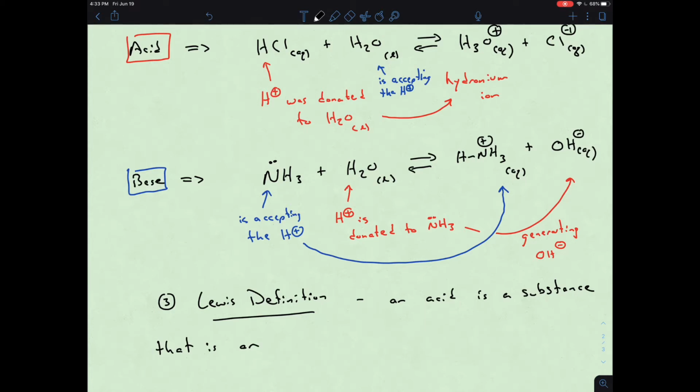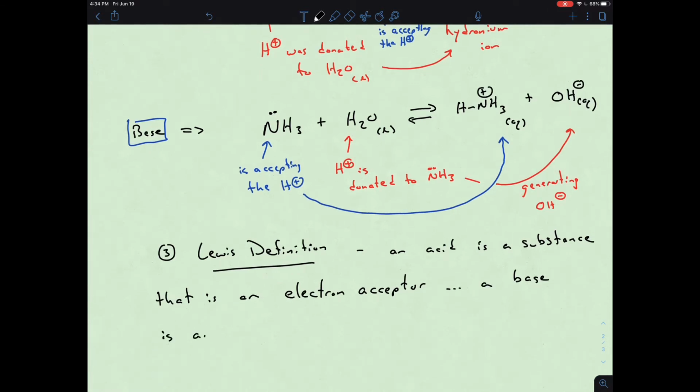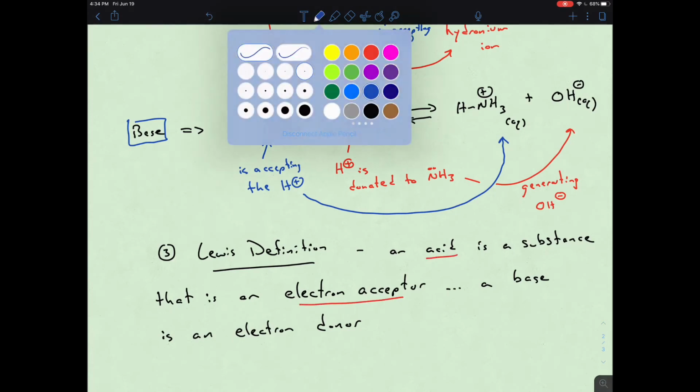When I think of Lewis I think of electrons, and that's exactly what this definition is about: an acid is a substance that is an electron acceptor, and a base is an electron donor. So with Lewis, it's about the actual electrons moving around.